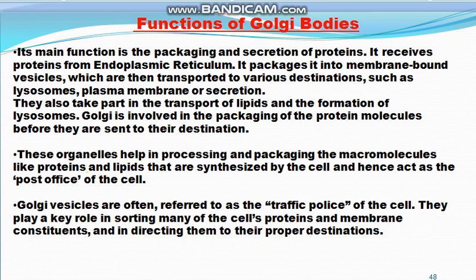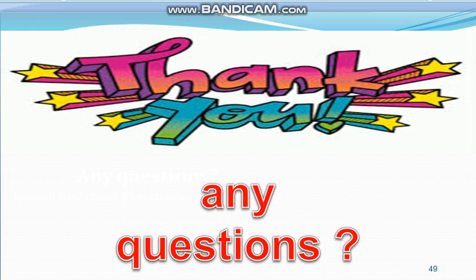When it plays a role in sorting, we can say that it is the post office of the cell. And when the Golgi complex directs the material to other proper destinations, we can say that it is the traffic police of the cell. So this is the function of the Golgi complex. So this is all about the structure and the function of the Golgi complex.